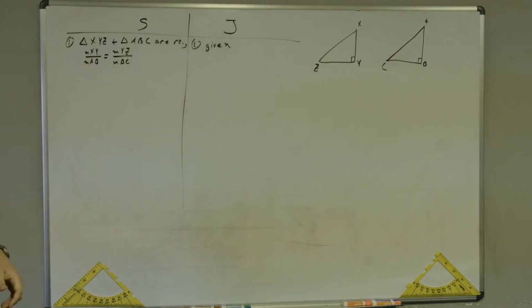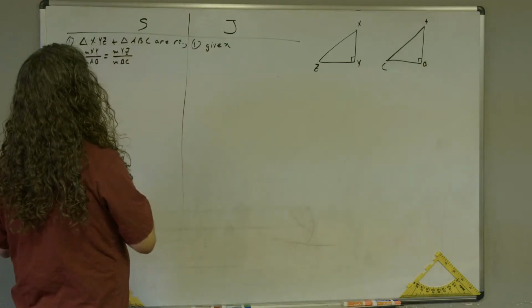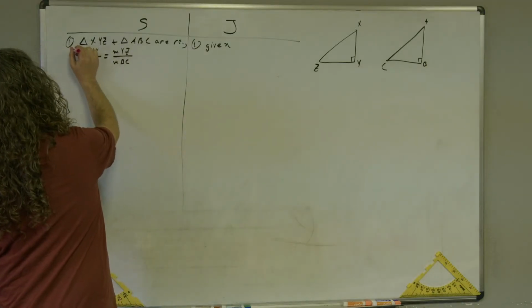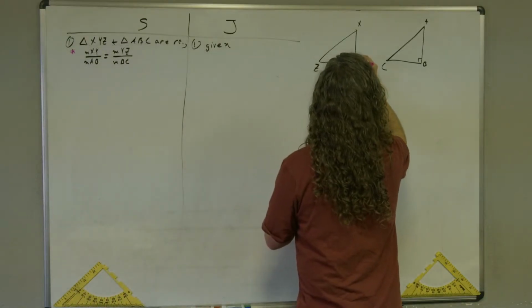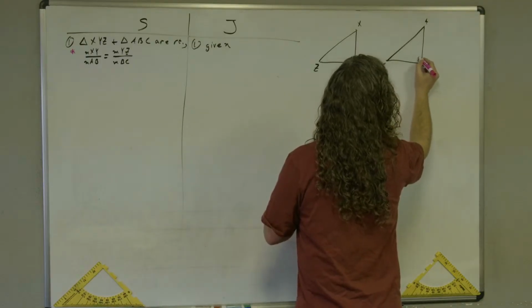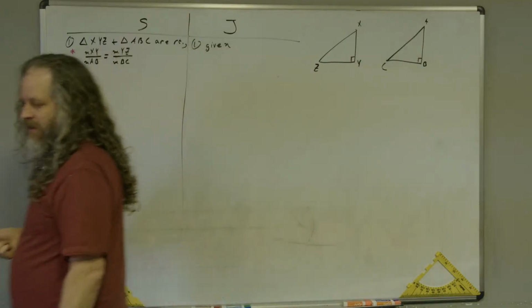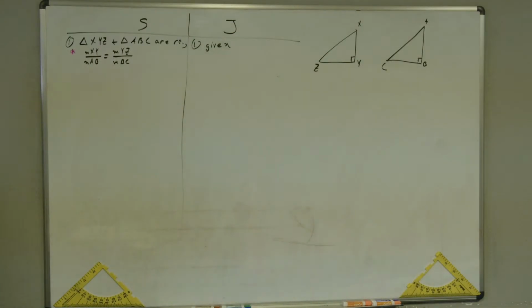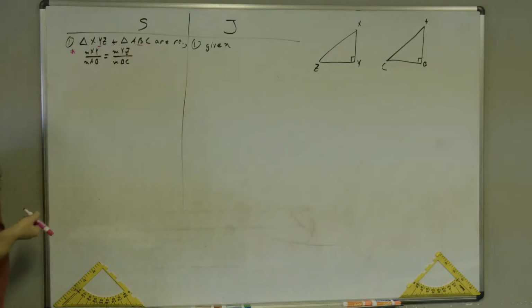So labeling and thinking through what our given bits are. The right angle is given. What does that tell us about angle Y and angle B? If they're right angles, and we know those are the right angles because they're the middle ones in the right triangle list, then what else are they?